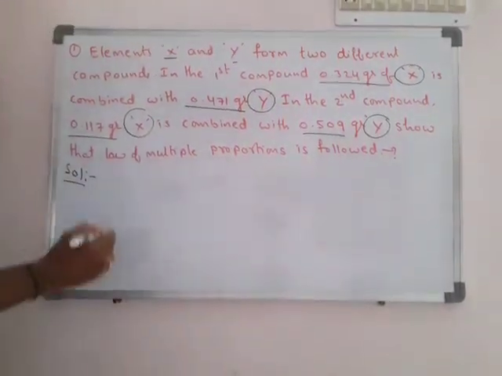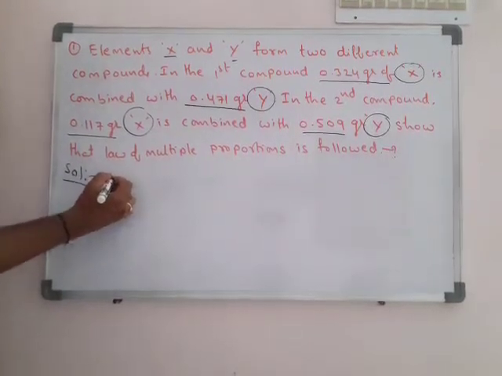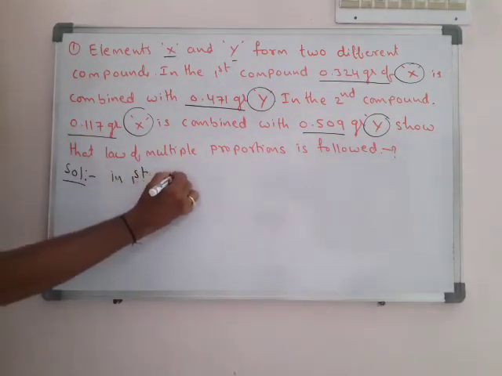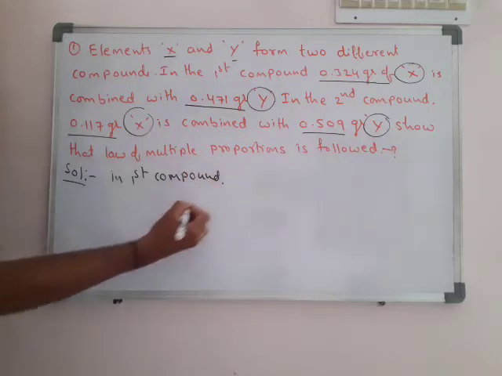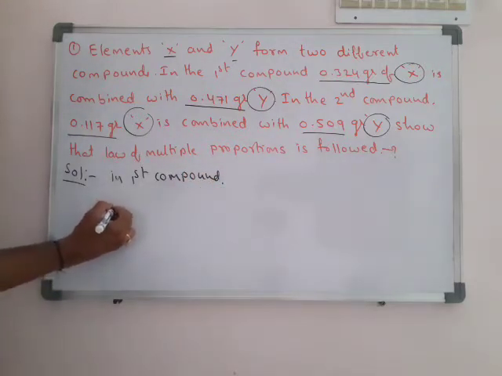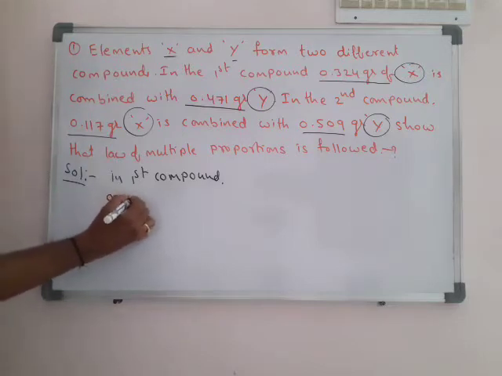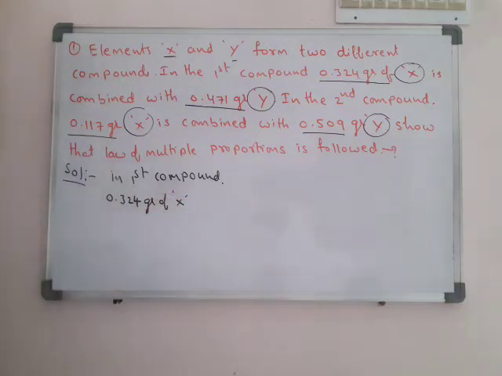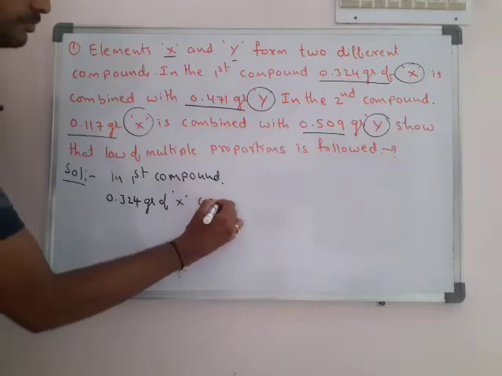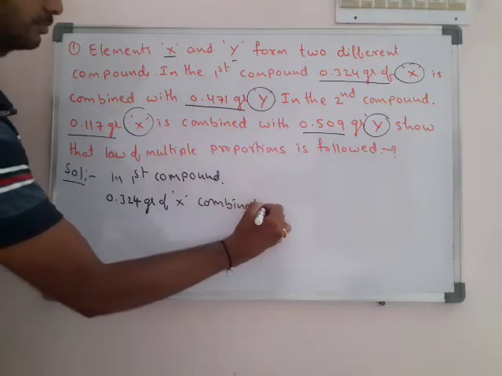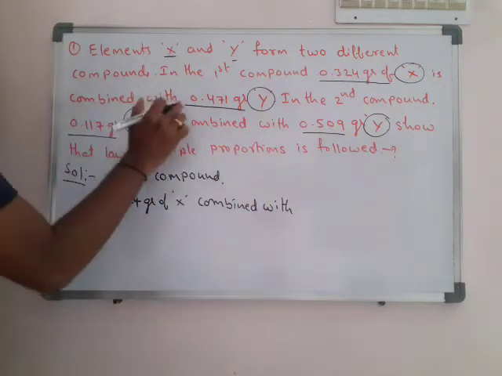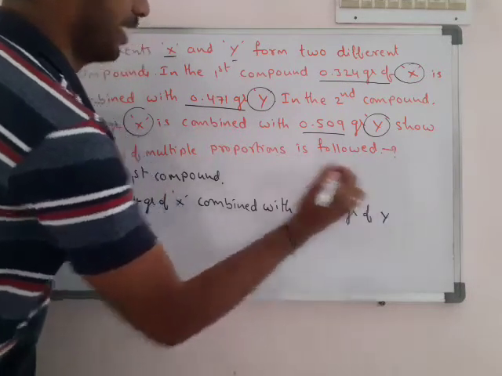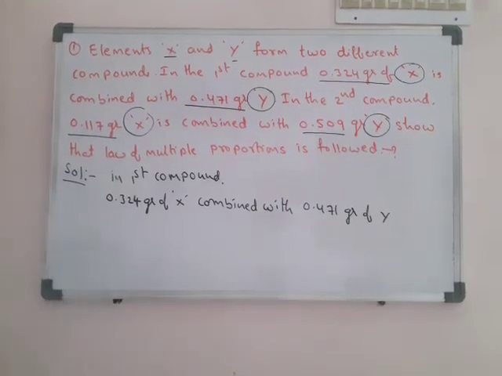In the first compound, it is given that 0.324 grams of X combined with how many grams of Y? 0.47 grams of Y. Next, compare it with the second compound.